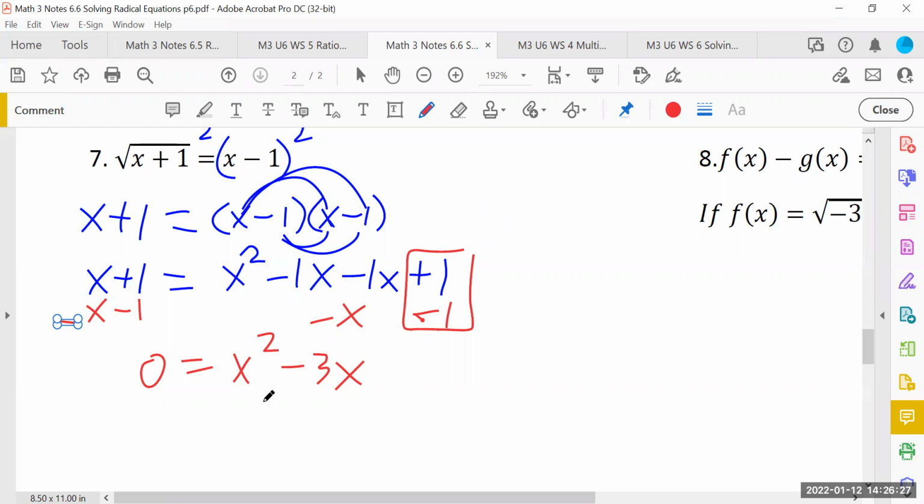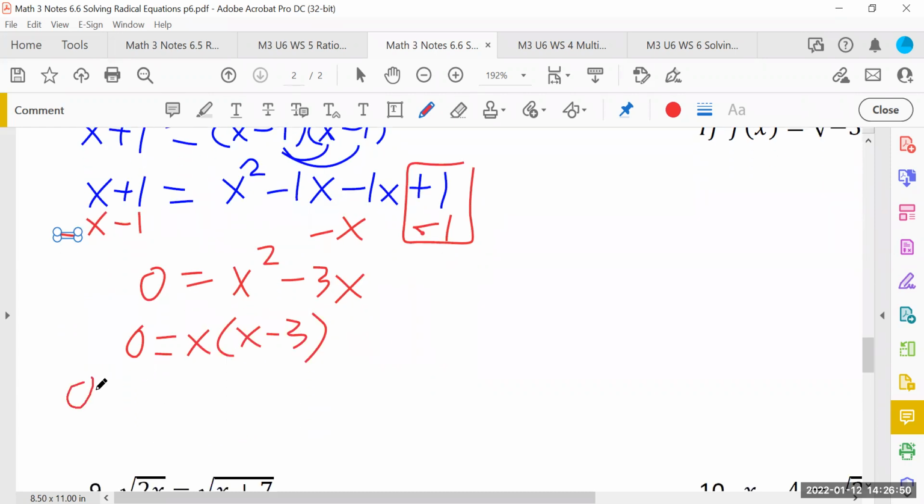So in order to solve this, I need to factor it, but I don't have a third term. So instead of doing x plus something times x plus something, I'm just going to factor out the x's. Does everybody see that they both have x's? Take an x out, 0 equals x times x minus 3.